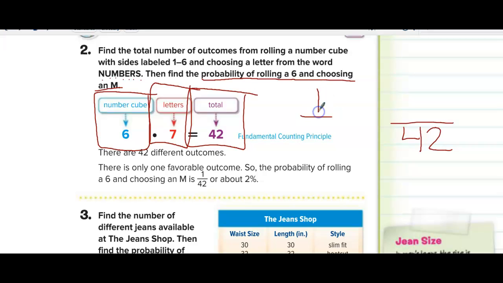Times, how many options do you have for choosing an M? 1, right? So 1 times 1 is? 1. So there's only one way that you could roll a 6 and pick an M. Therefore, there's 1 out of 42 ways, right? Which then we could take our numerator divided by our denominator. And you would get 0.023. So Caden with a K, can you round that to the hundreds for me?